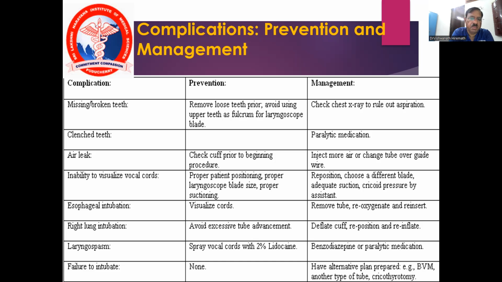Whenever there is a problem for visualization, reposition, choose the appropriate other blade rather than trying with the same blade, with adequate suctioning and cricoid pressure by the assistant. Whenever there is an esophageal intubation, immediately the tube should be removed, reoxygenated, and reinsertion can be planned.